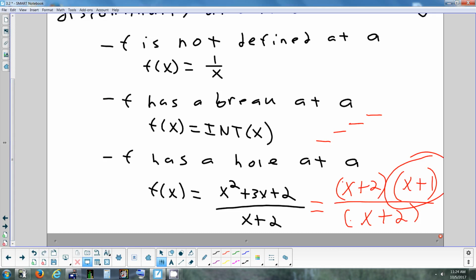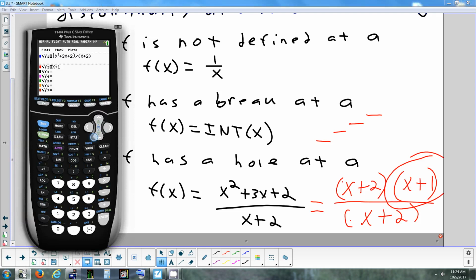So if I took the original and let's just mess up one thing in it so that it doesn't factor as x plus 2, x plus 1. Okay, let's make it x squared plus 3x plus 3. Now the top and the bottom don't have a common factor because that doesn't factor now.